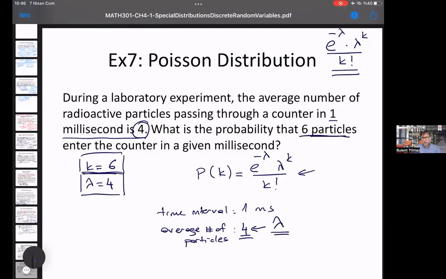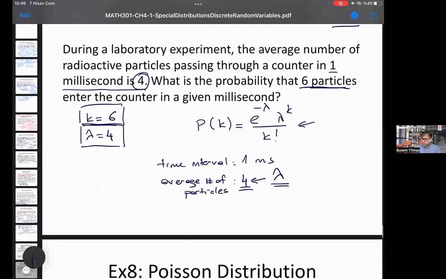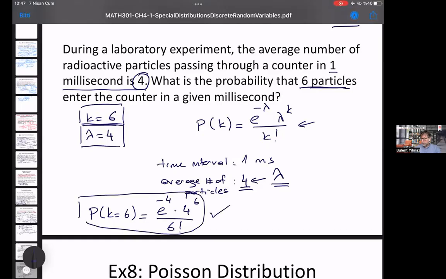So easy. I'm going to put k equals 6. It's going to be equal to e to the power minus 4 times 4 to the power 6 divided by 6 factorial. That's the answer. Is that clear? Any questions? I don't need you to calculate any further at this point, but this is how we approach the problem.